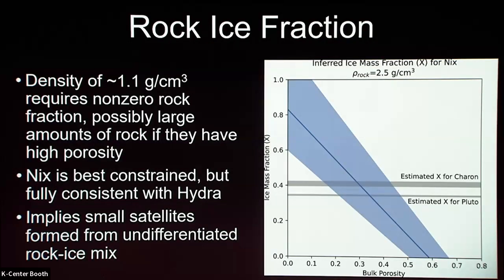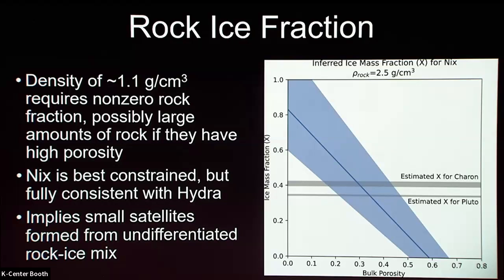So on this plot, you've got porosity versus ice fraction, with the estimated rock-ice fraction for Charon and Pluto. You can see, if we just assume that it's the same rock-ice ratio, then we're talking about a bulk porosity of 20%, which is pretty good, but the porosity could easily be much higher than that, and then that would imply even more rock fraction for the object.